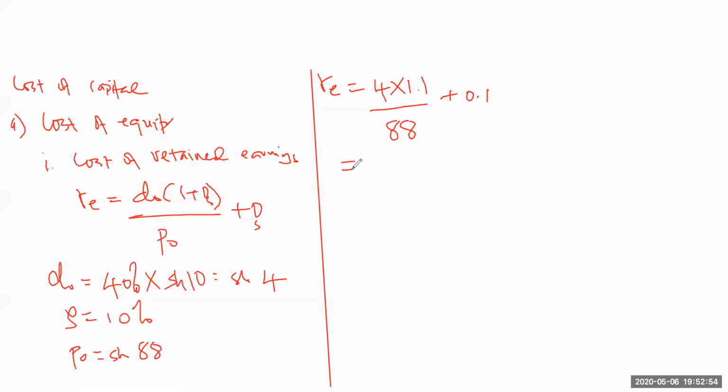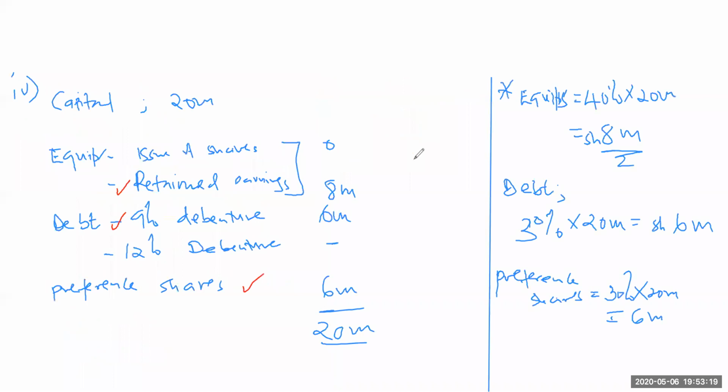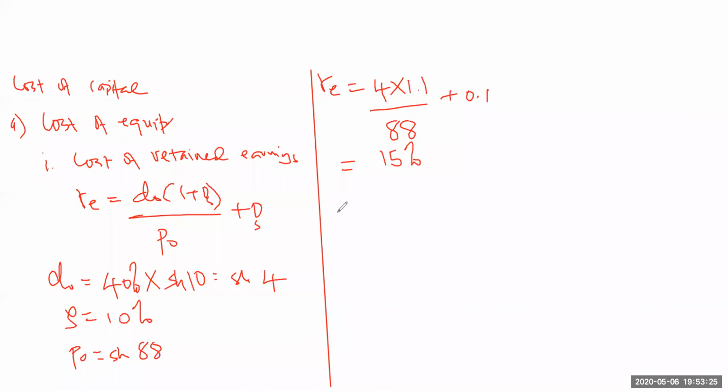To give us how much? We get 15% to be the cost of retained earnings. Don't forget we needed to get the cost of retained earnings. We have done that, and we need now to get the cost of the 9% debenture. So the next working is working B, cost of debenture.